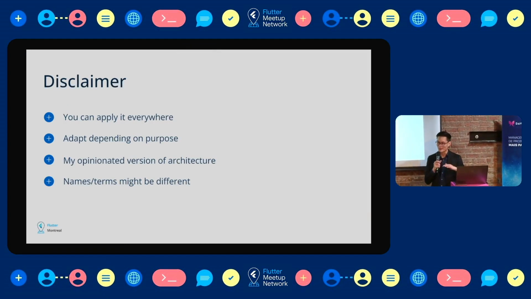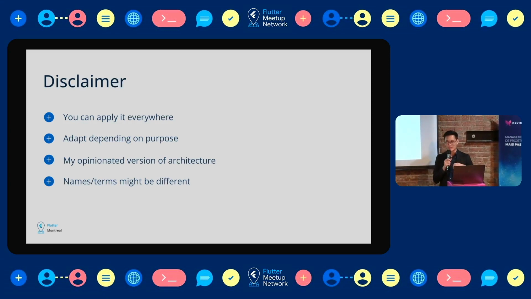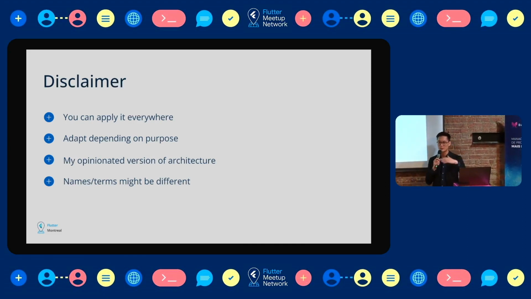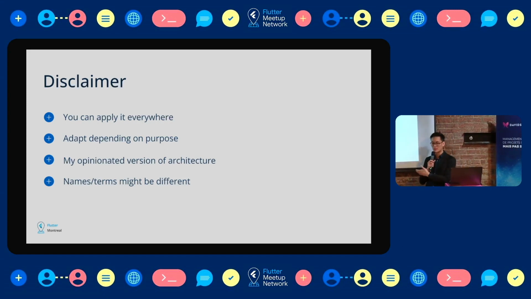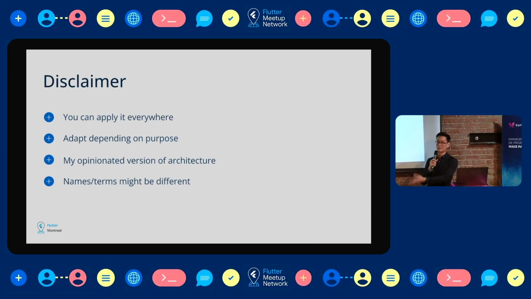Just a few words before we start the topic. Architecture is not really something static. You will have architecture based on the purpose. You can apply it to anything. I'm going to do a presentation about Flutter, but actually I made here at Davidson a backend project using Nest.js, using the same architecture as I'm using today in Flutter, which is front end, and Nest.js as a backend framework.